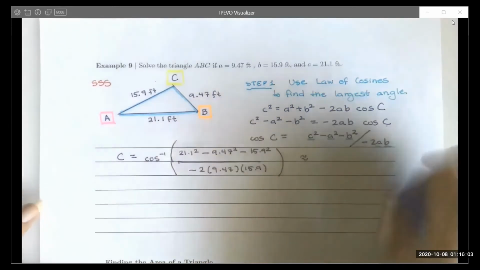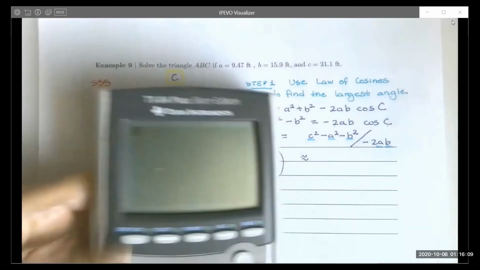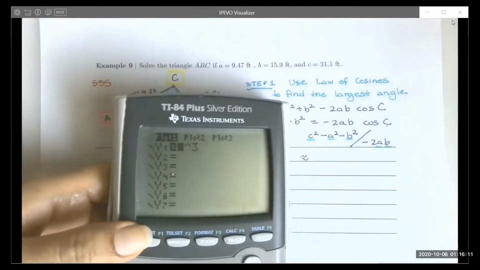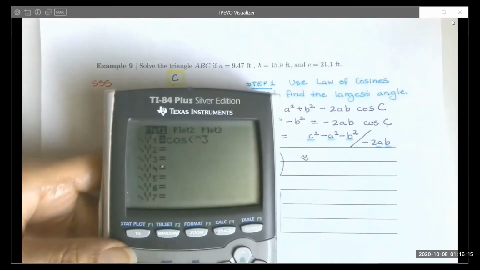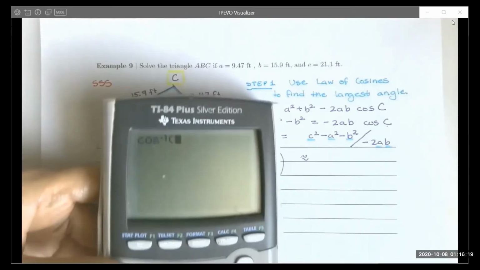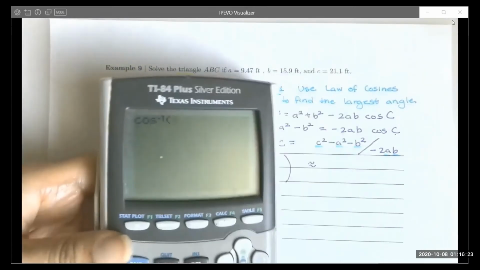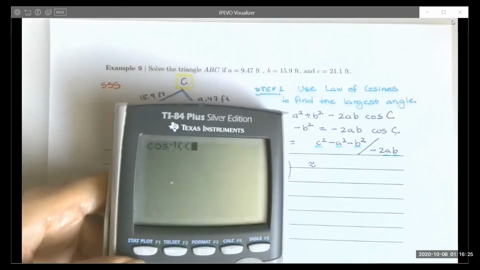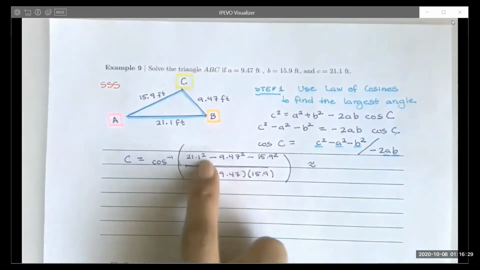Okay, and let's see what that gives us. We're going to get cosine inverse of, I have to be very careful here because I do have these subtractions happening in the numerator.